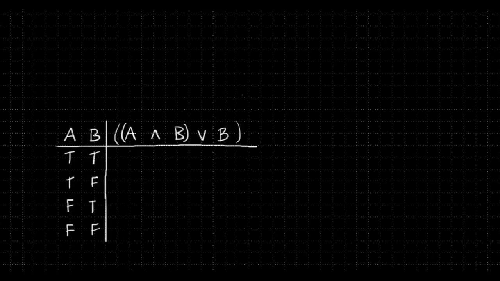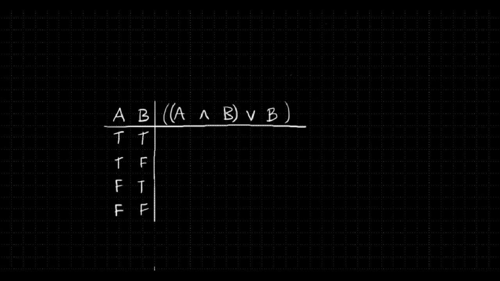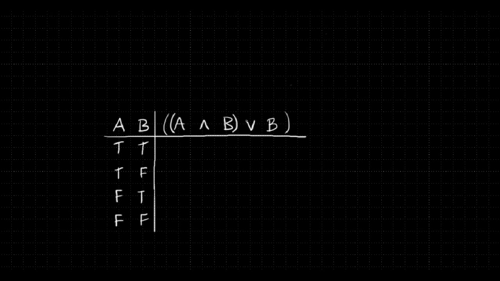Okay, so here's an ever so slightly longer formula than we've looked at before. So we've got A and B, or B. So we've got the disjunction of B and this bracket here, A and B. Now, we have to do the truth tables of longer formulas in a particular order.